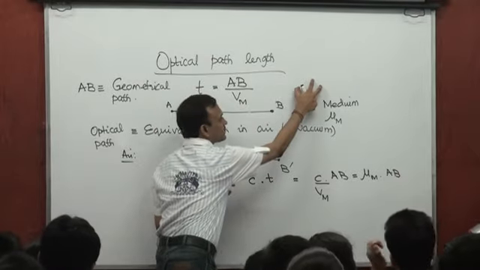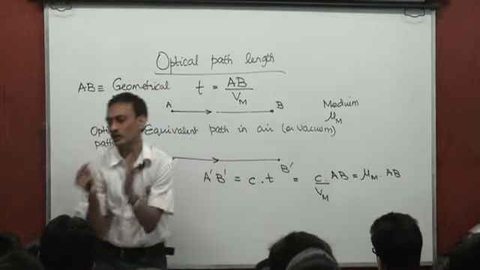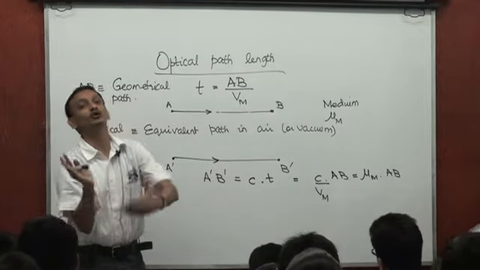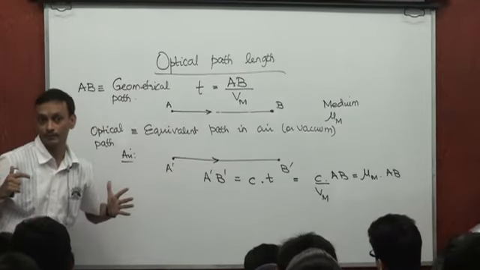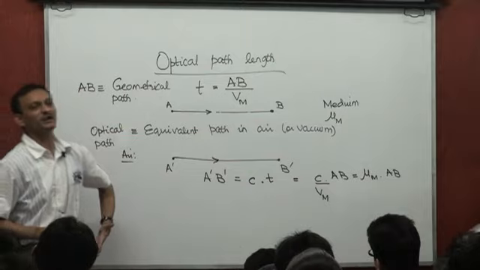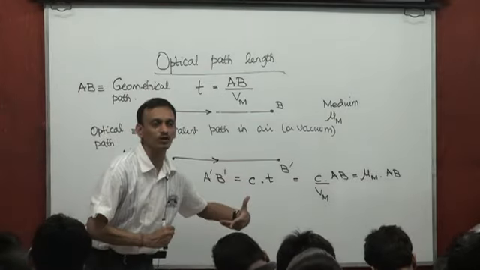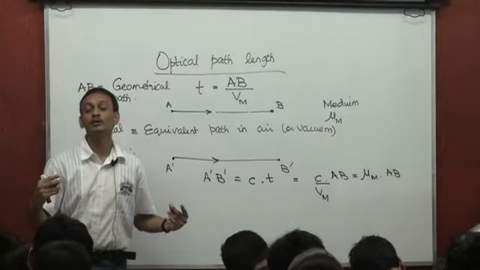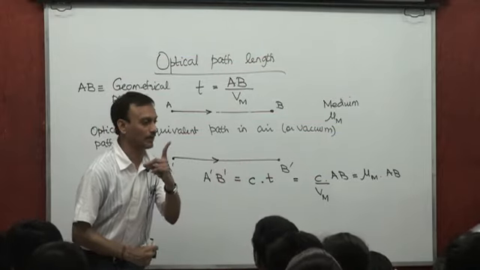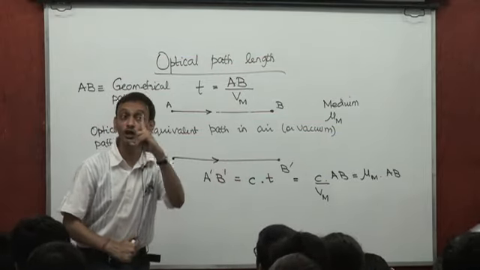That means the refractive index of the medium into the geometrical path would be the optical path, or the equivalent path in air. So by default, if we talk of the path of a ray in a given medium, we are actually referring to the optical path.